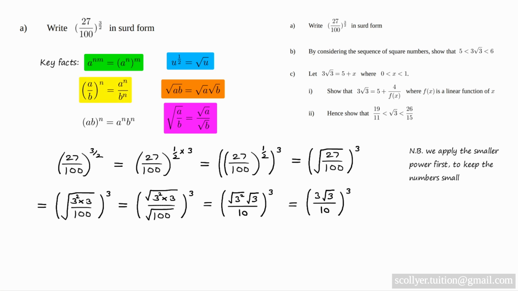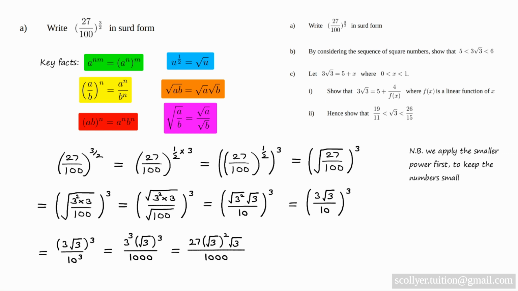Now we know that (a over b) to the power n equals a to the n over b to the n, and so our expression becomes (3√3) cubed over 10 cubed. But we also know that (a times b) to the power n equals a to the n times b to the n, which when applied here gives us 3 cubed times √3 cubed over 1000, which is the 10 cubed.